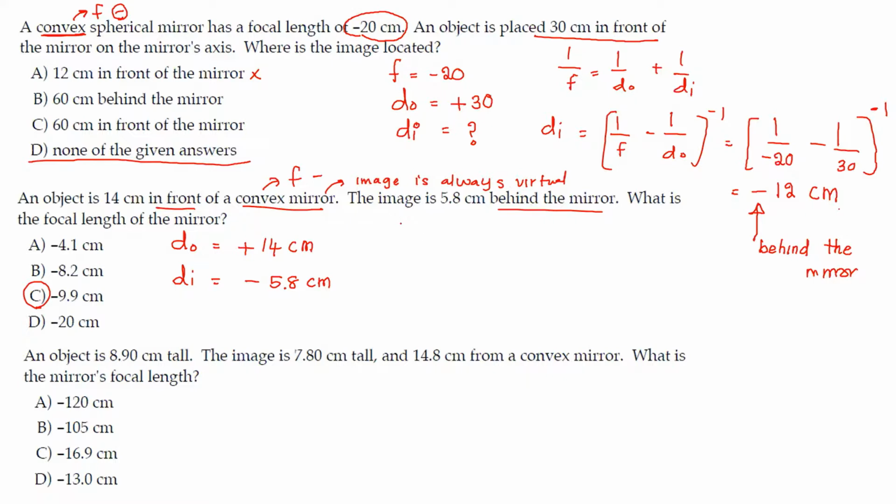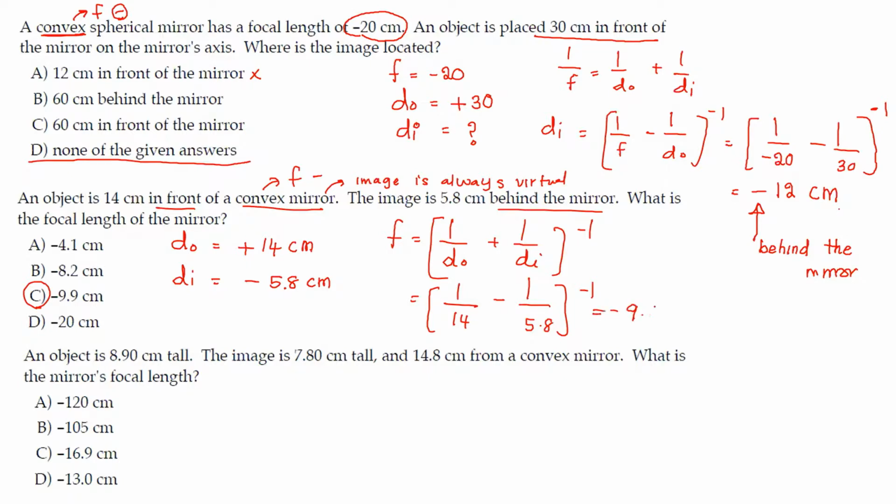F is 1 over D naught plus 1 over DI, inverse. D naught is 14. DI is negative, so I put the negative here. When we do this, we get negative 9.9 centimeters. If you get a positive value, that means you have gone wrong somewhere. So negative 9.9.